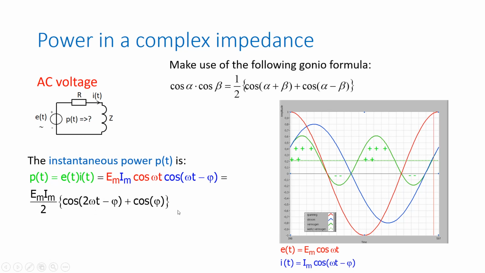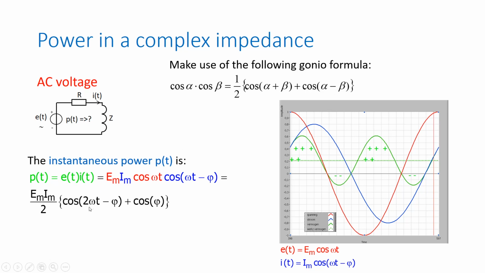And why was that? Because we use this goniometric formula, which says that the cosine of alpha times the cosine of beta equals half the cosine of the summation of both arguments plus half times the cosine of the subtraction of both arguments.